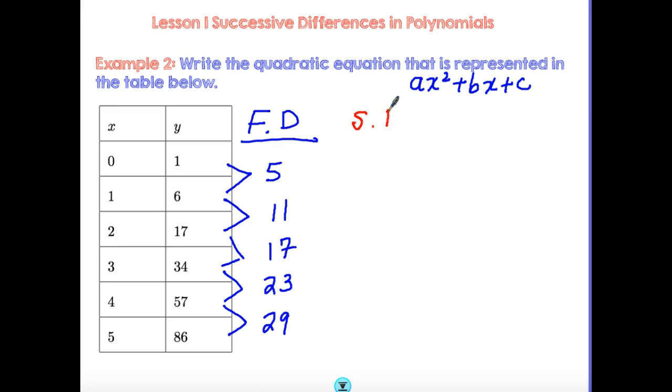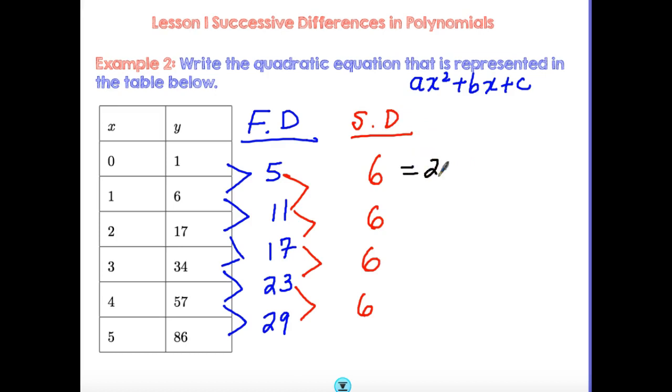So let's look at second differences. 29 minus 23 is 6. 23 minus 17 is 6. 17 minus 11 is 6. And 11 minus 5 is 6. What that tells us is that this number is constant, so it's a quadratic. From the last example, we knew that in general the second difference was equal to 2a.